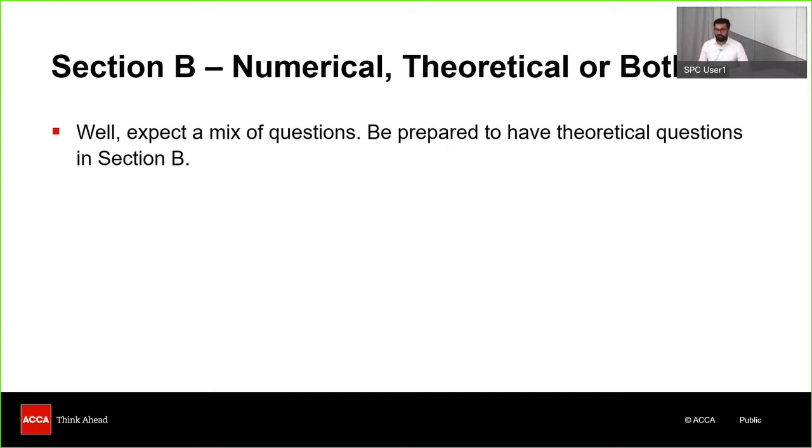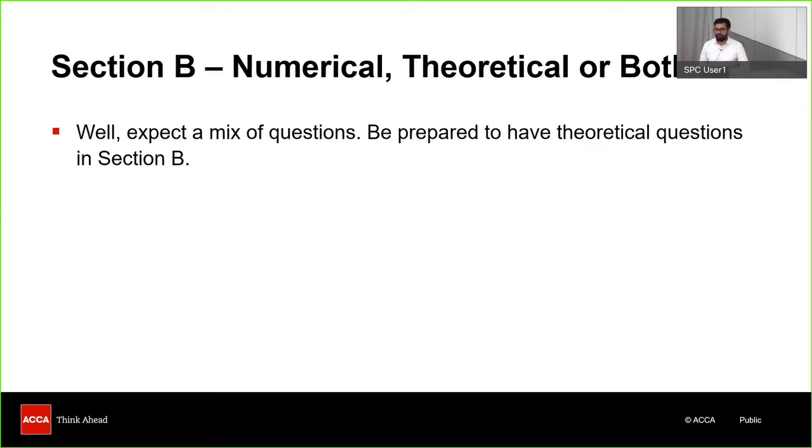Let's say the examiner tests variances in section B, case study questions. Now, when it comes to variance, students usually feel it's a numerical question, and they might expect that all of the 5 questions that we have in section B would be purely numerical and calculation based. But it won't be the same case in the exam.